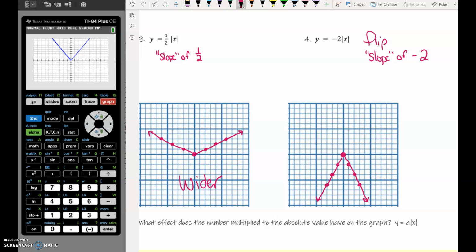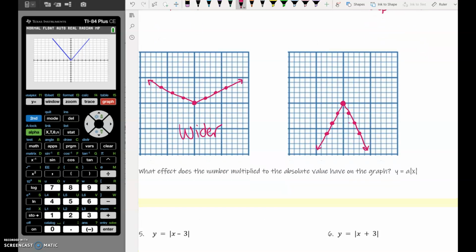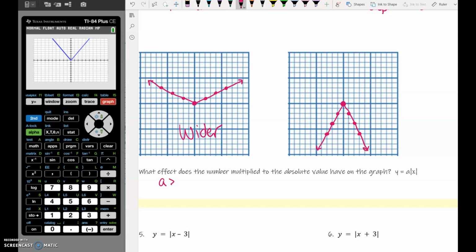Okay, what effect does the number multiplied to the absolute value have on the graph? So this A value in front of the graph. If A is bigger than 1, it is called a stretch, and it makes the graph more narrow. Like when A was 2. If it was 3, it would have a slope of 3.